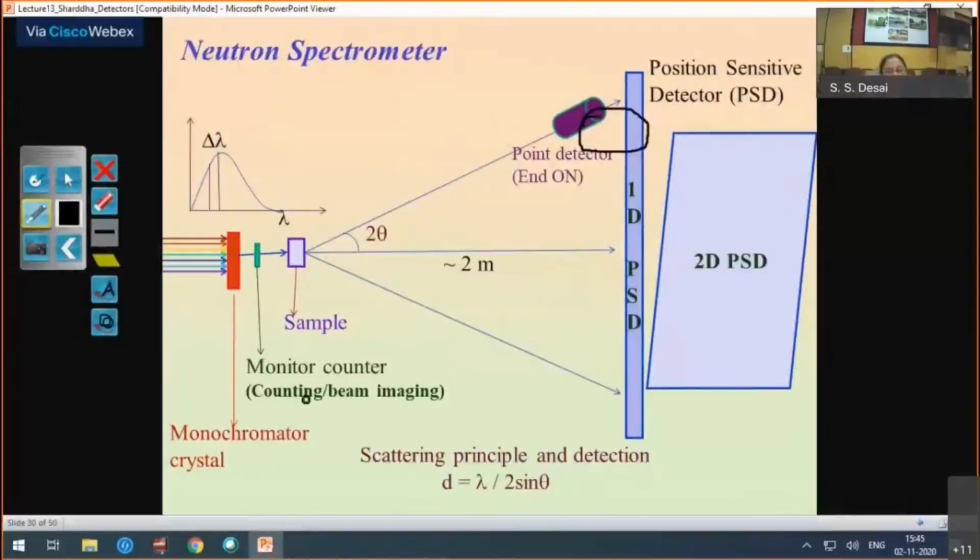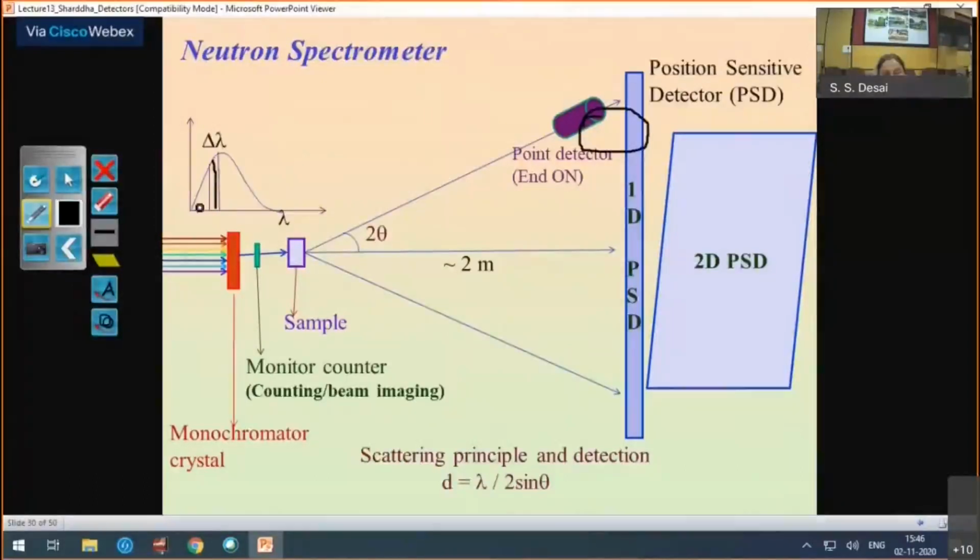Okay, so this is just a schematic of a spectrometer which you are going to study in detail in the later lectures. Just to give you an idea, when you have a beam from a reactor, it is polychromatic. It will have some average shape, and for a particular experiment, we are choosing only a small slot of it, so that we choose a small delta lambda which is of our interest.